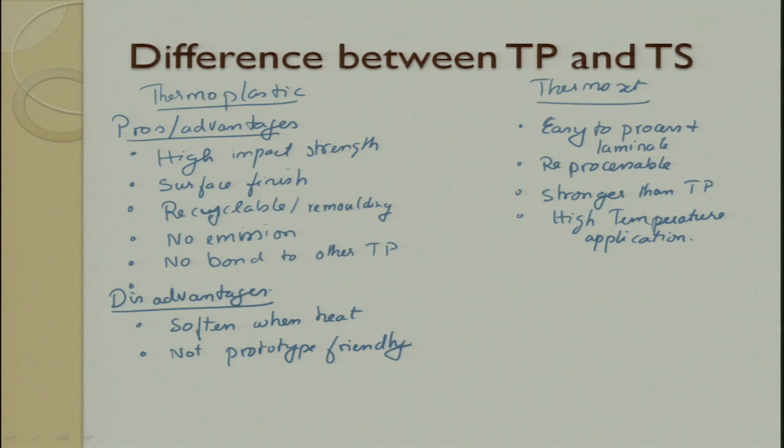That means you should minimum have some basic die or something to make a product, because here we will work on high pressures and temperatures. So, we need to have some devices or aiding devices to make a product. It is no way prototype friendly, and it has a very short pot life.